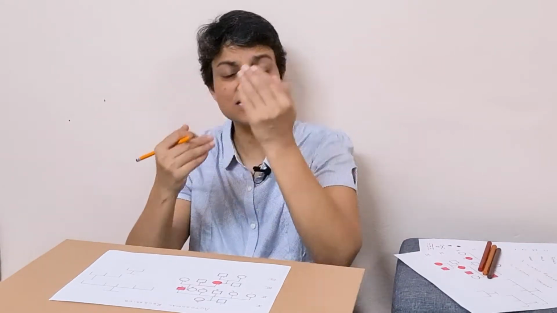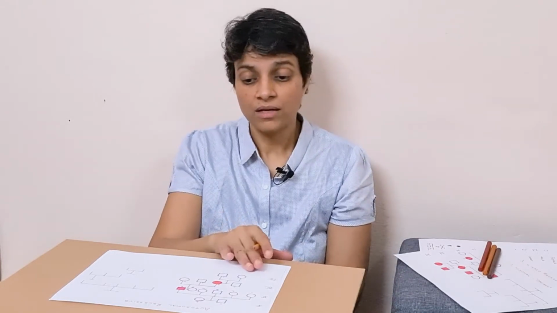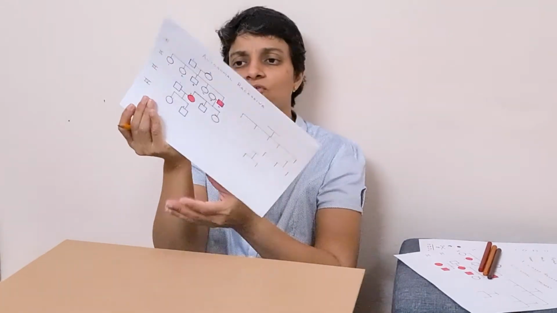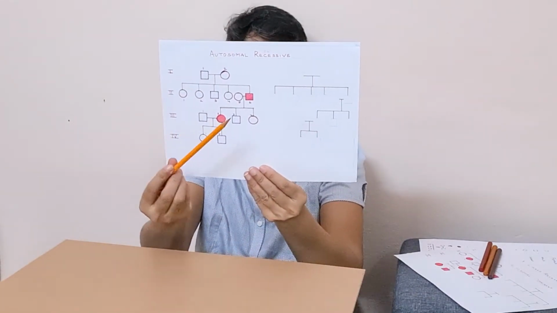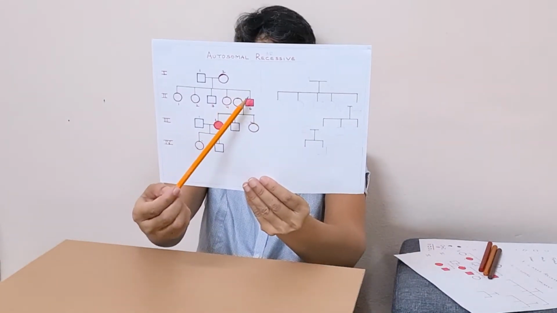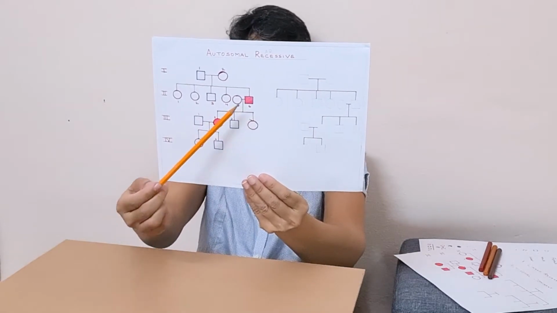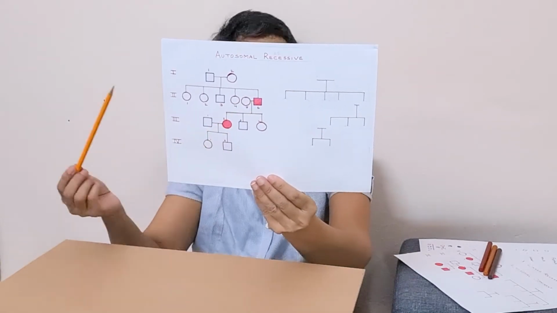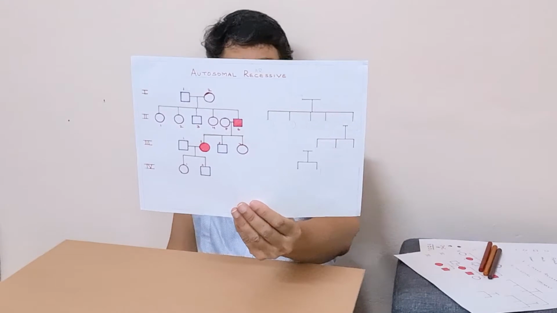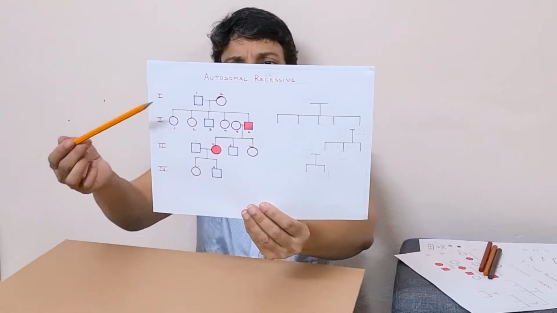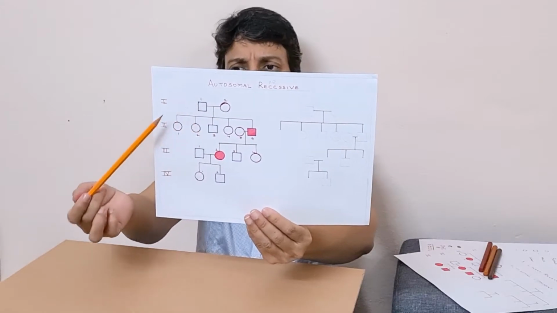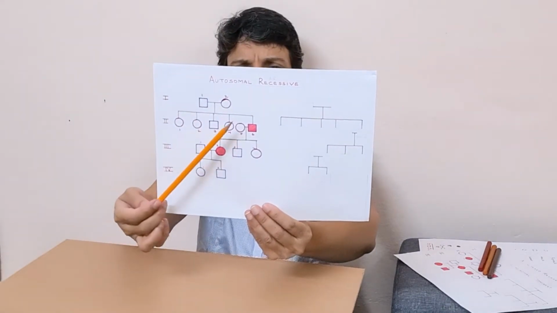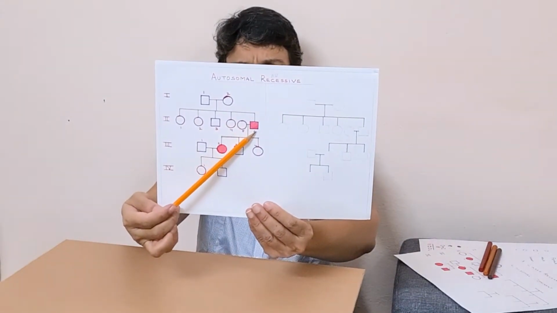So when there is skipping of generations, we categorize it as recessive. Now, in this pedigree, I have already written it as autosomal recessive. So, the clues here we looked for are males and females are equally affected. Males and females are both affected. And then there is skipping of generations. First generation, none of the individuals show. In second generation, individual 6 shows.